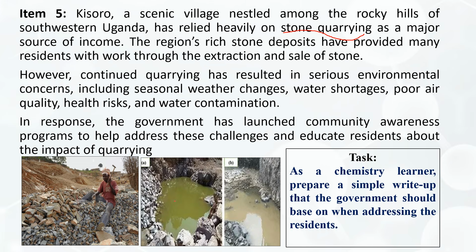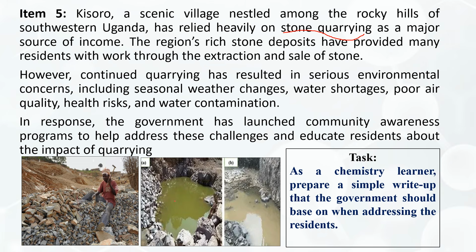Then another person will say, no, the stones are being affected. You see, they are breaking the stones into smaller pieces. Oh, so the stones are being affected. And when they break the stones, our environment is being affected negatively. That will be another person responding to the item.